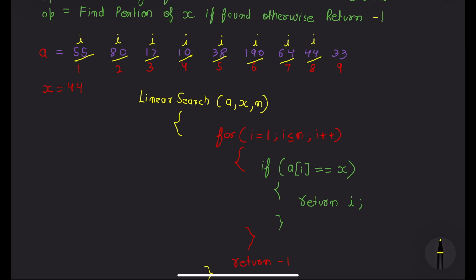So 44 is equal to 44. So here we found the index we are looking for. So the element 44 is at index 8, and suppose if the element was not found at index 8 or at index 9, then the loop will be terminated and we will return -1, meaning that this element is not present in the given array.